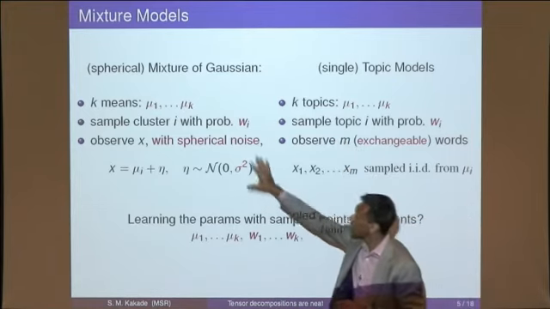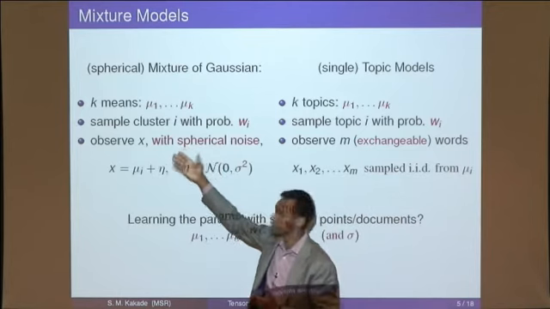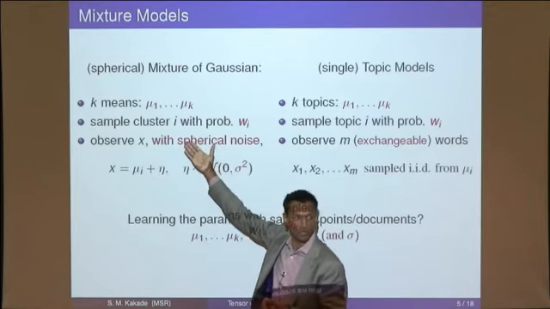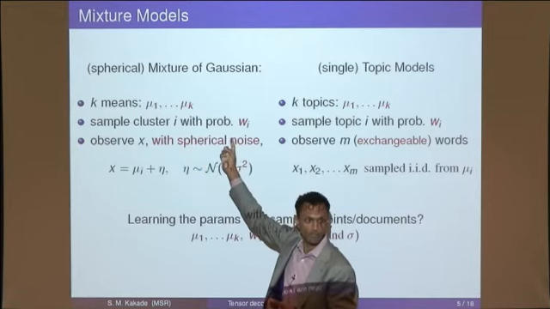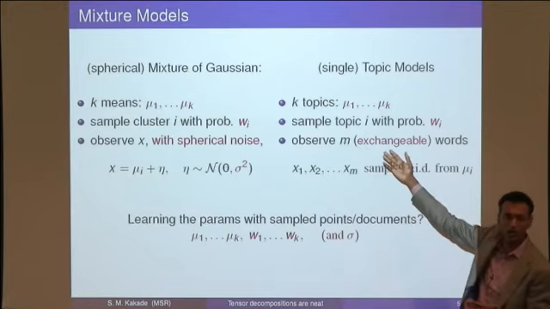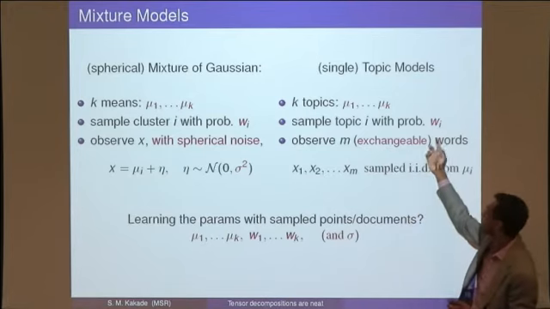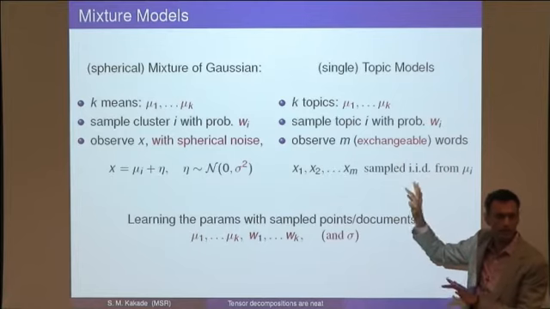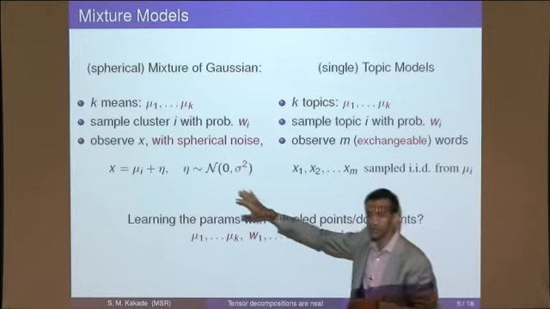Now we're going to think about how we generate a point. In the mixture of Gaussian case, we first sample some cluster with probability w i, so that's my parameters. In the topic case, we're going to decide on a topic with probability w i. So that's why they're analogous. In the mixture of Gaussian case, what do we observe?